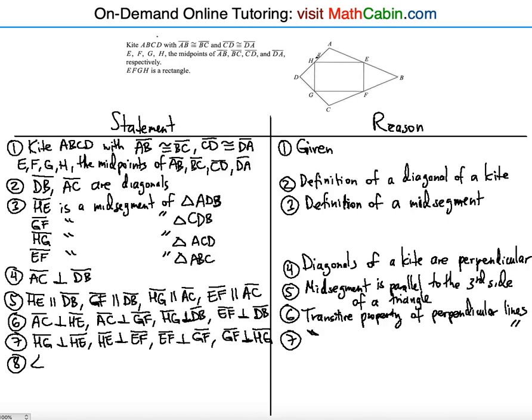So what I mean is HGF, GFE, FEH, and EHG are right angles. Okay? And the reason for this is simply the definition of a right angle.